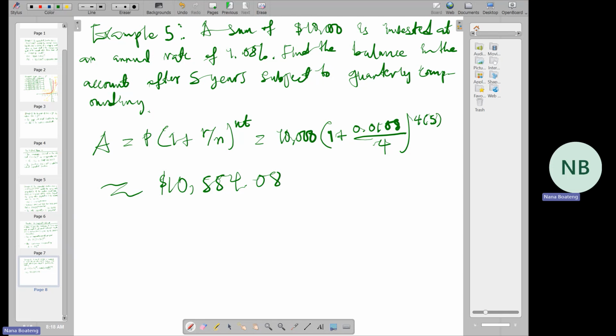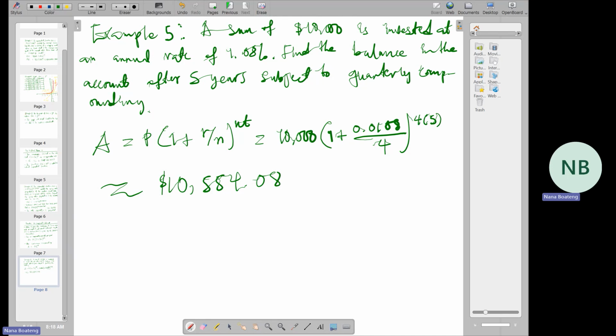So this will be the amount after 5 years at 1.08% interest rate. If you invest $10,000 for 5 years, compounded quarterly at an annual rate of 1%, this is what you get after 5 years.